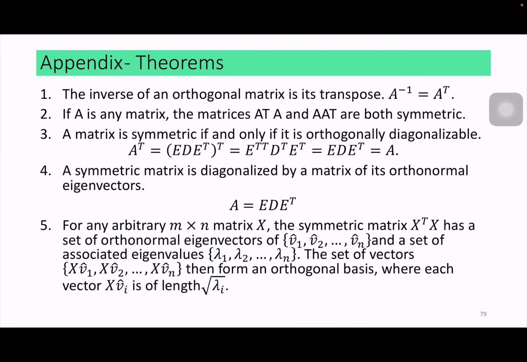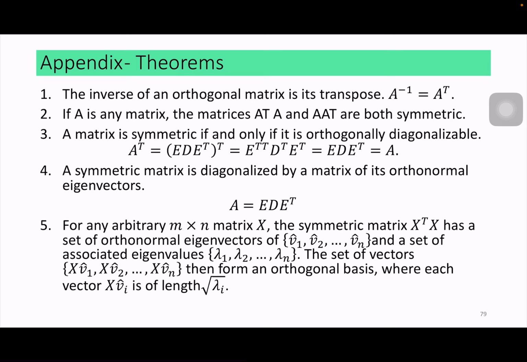So the appendix theorem is about an orthogonal matrix, where the transpose equals the inverse, A to the minus 1 equals A transpose, where A is the matrix, and the matrices A transpose A and A A transpose are symmetric. So a matrix is symmetric only if it is orthogonally diagonalizable.